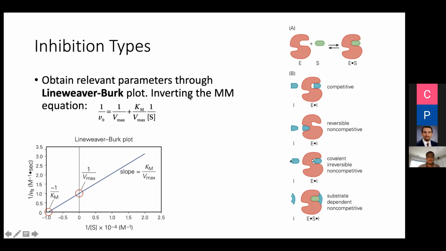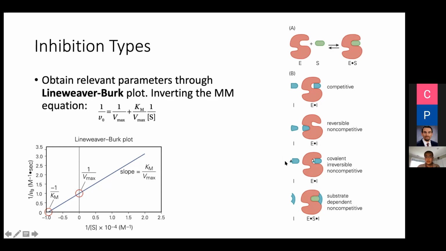We invert the Michaelis-Menten equation, and we get this equation, which is essentially a linear equation, y equals mx plus b. And if you plot the reciprocal of the V naught as a function of the reciprocal of the substrate concentration, the slope will simply be Km over Vmax, and the y-intercept will be 1 over the Vmax.